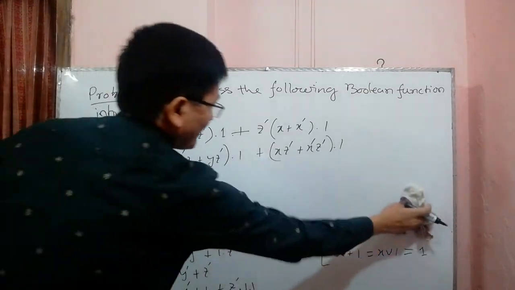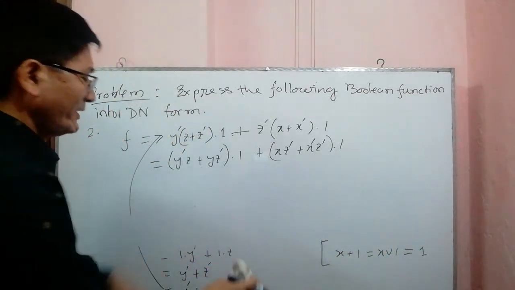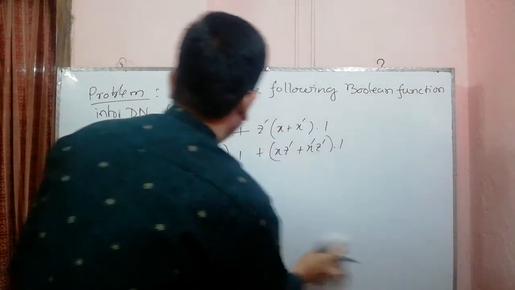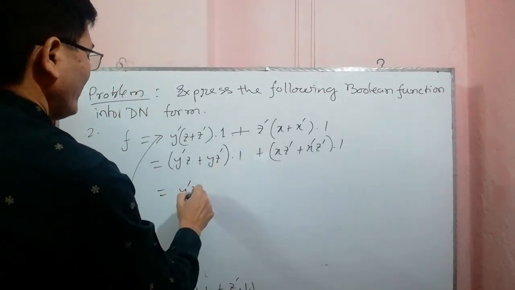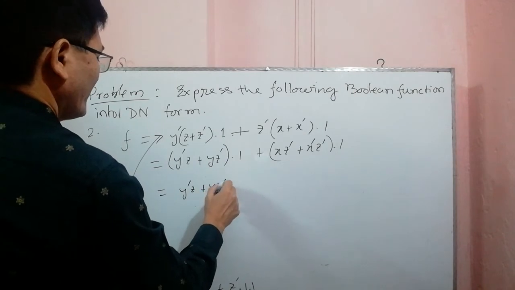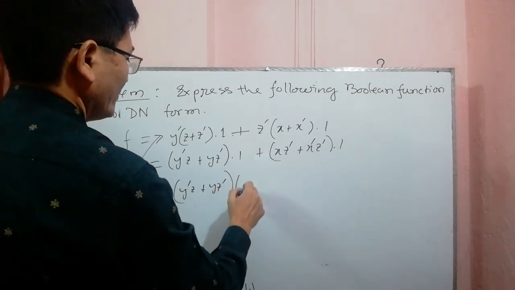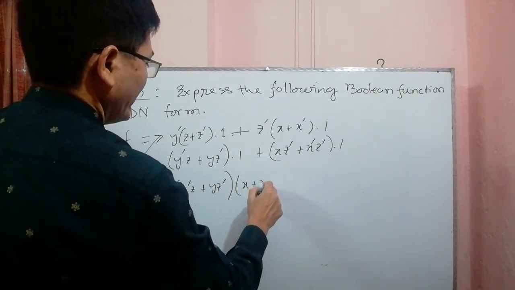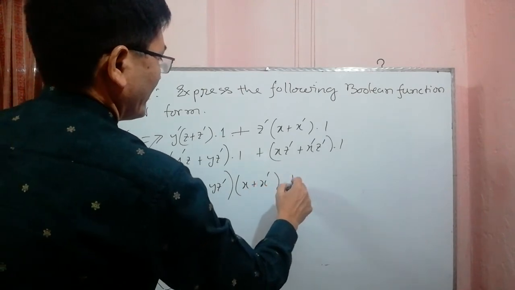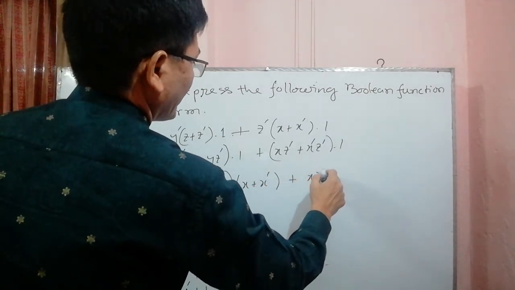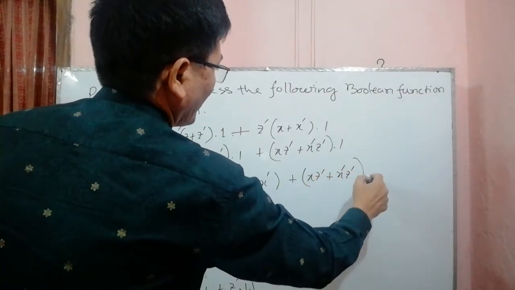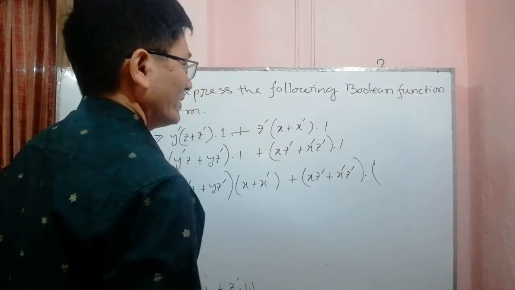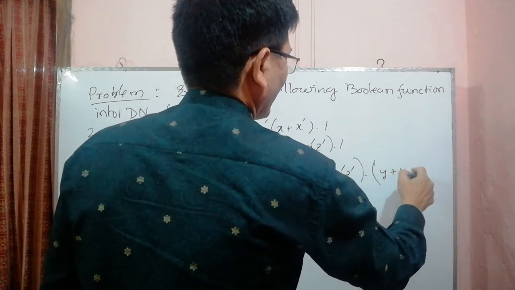Still there are missing variables. Here x is missing, so y prime z, y z prime, and for this one we take x and x prime, and here x z prime plus x prime z prime, and for this one we are using y plus y prime.